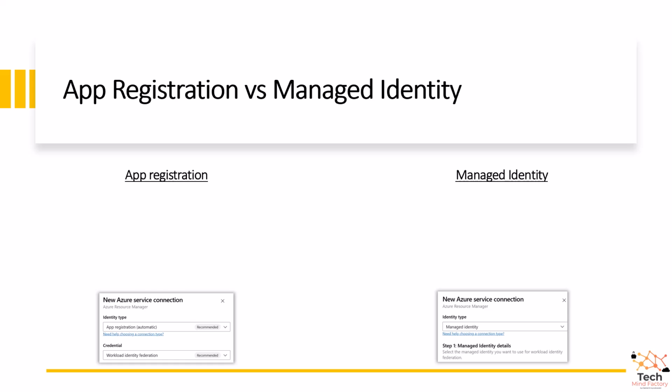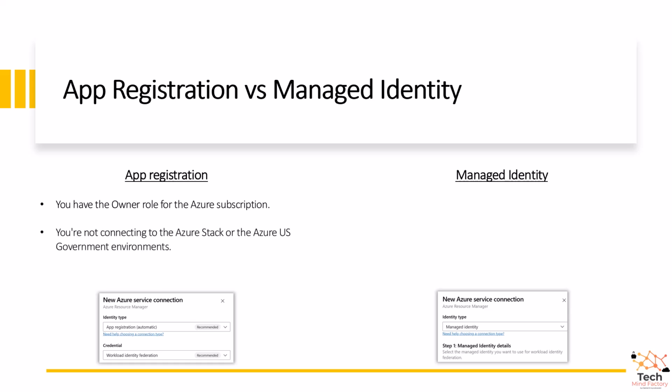So let me explain this to avoid some confusion. You can configure app registration with Workload Identity Federation with federated credential if you are the owner of the Azure subscription. Okay, so if you are the owner of the Azure subscription, that's great. That's the first thing that indicates you can probably use app registration. You are not connecting to Azure Stack or Azure US government environments.